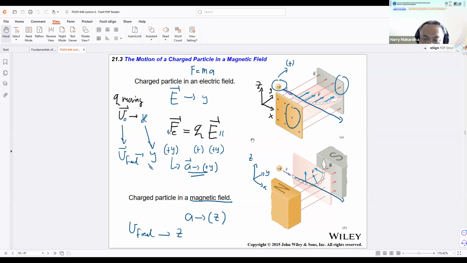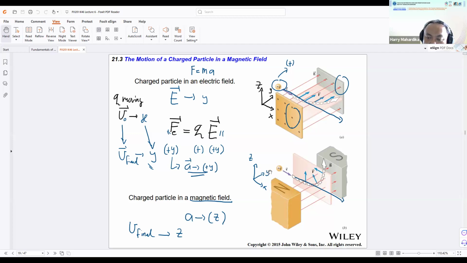So if the electric field is pointing in the positive Y direction and the sign of Q is positive, then the direction of the force is also the same as the direction of E. This is true for a moving particle influenced by an external electric field.